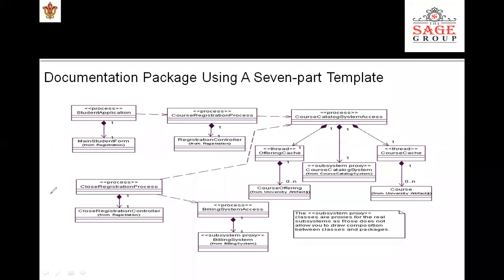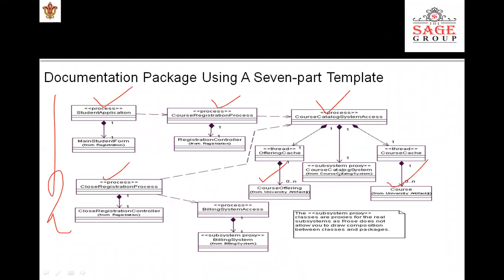You can see a process: student application, course registration process, the closure of the registration process, and course offering, course from the university, for example, our university, like Stage University. If you go to student application, it will be in the process, right? Then you will go to the course registration fees process and course catalog system access.